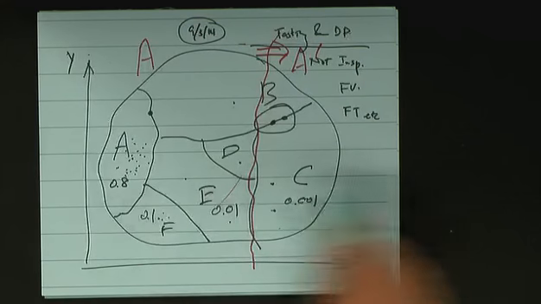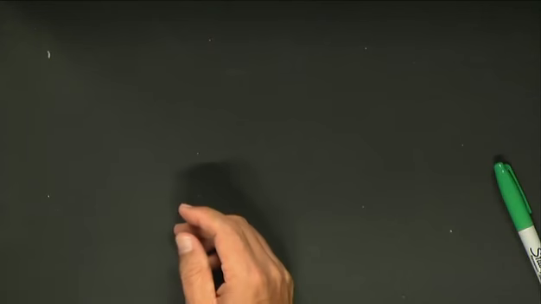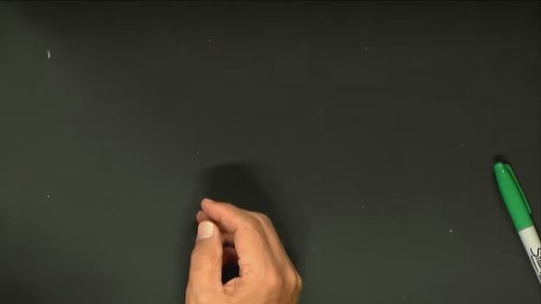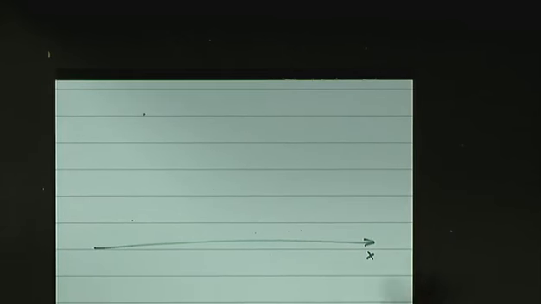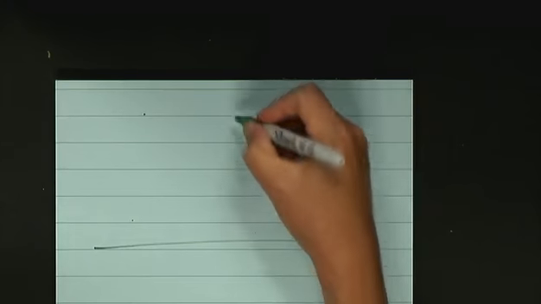Now let's look at some simple 1D and 2D examples, and start from there. If you are looking at a line, this is x, and you say I have two regions.